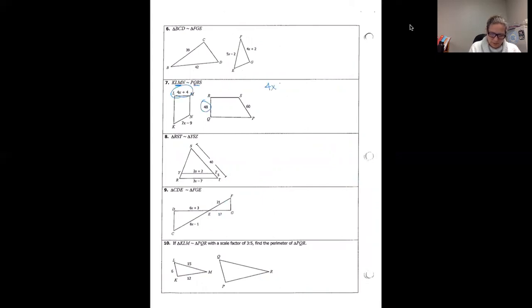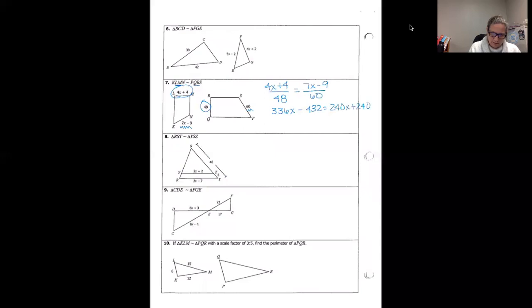So 4X plus 4 over 48 is equal to KN first and last, PS 60. 7X minus 9 over 60. 336X minus 432 equals 240X plus 240. 96X equals 672. So X is equal to 7.